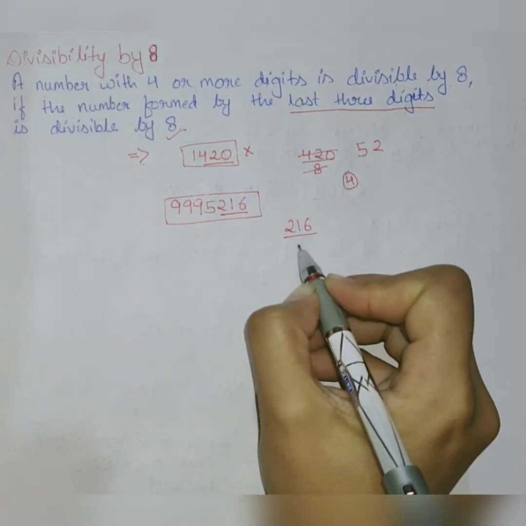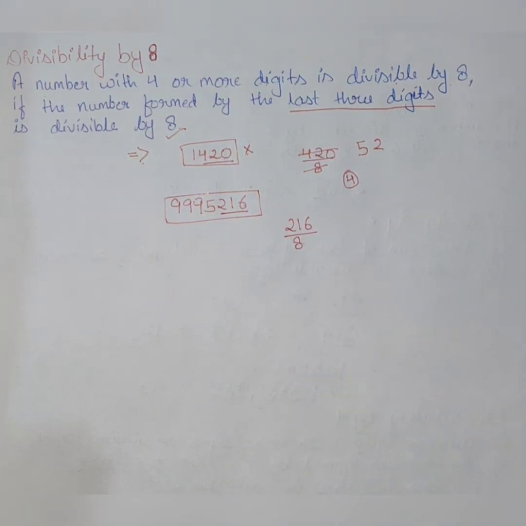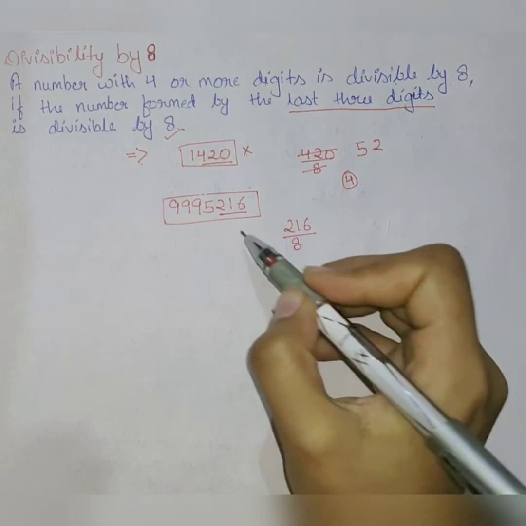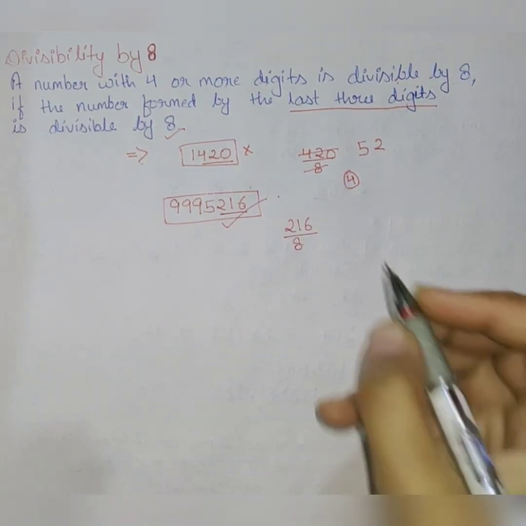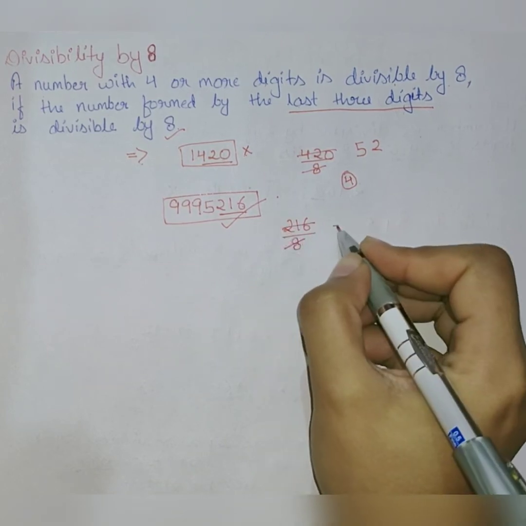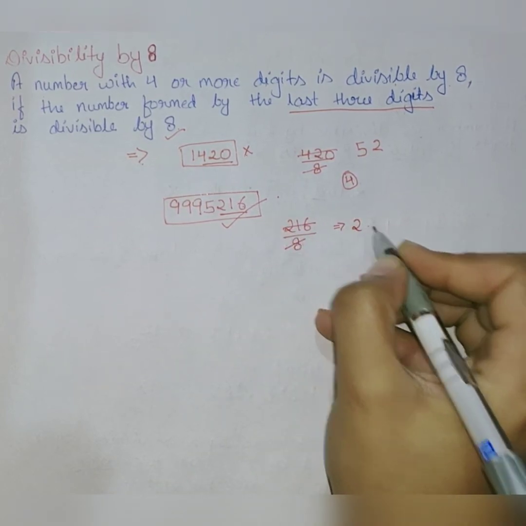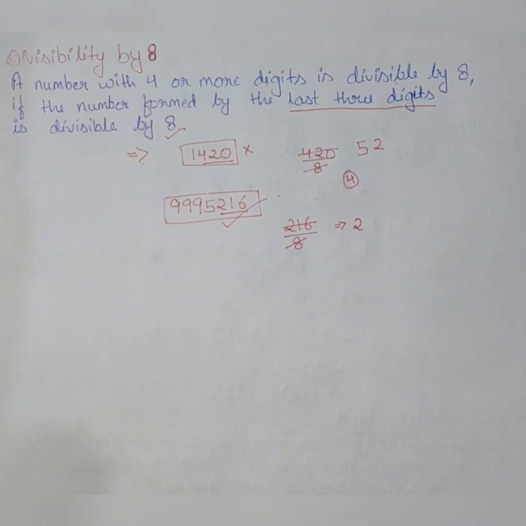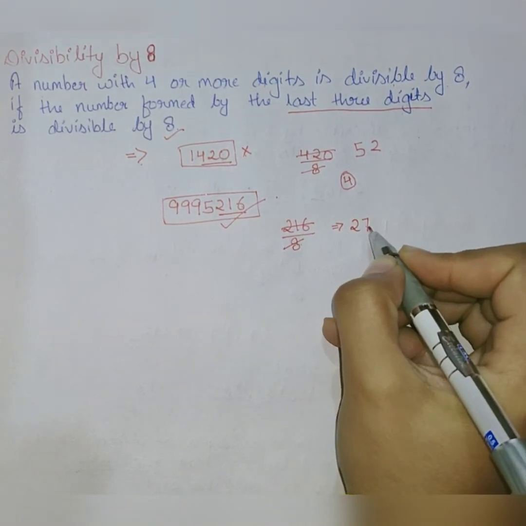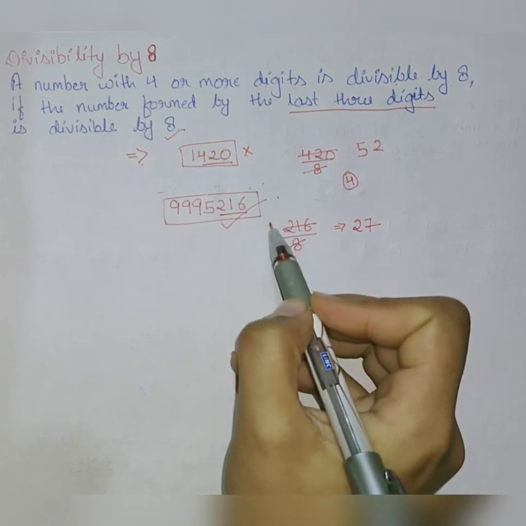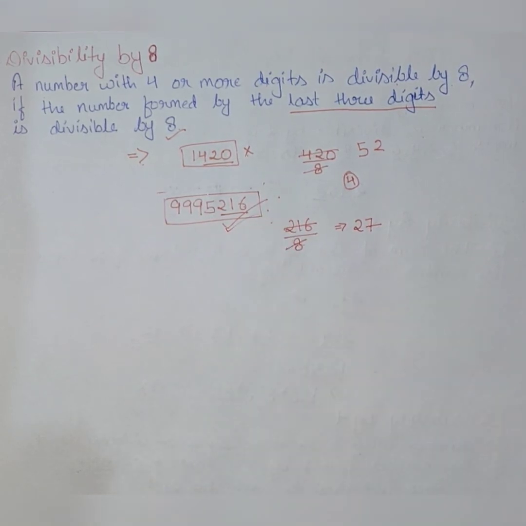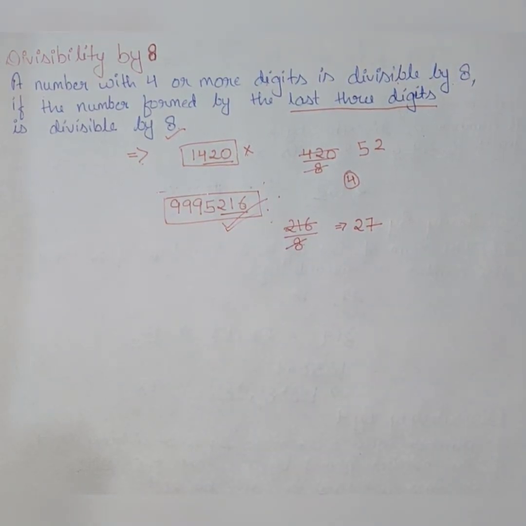So let's check whether this is divisible by 8 or not. 8 twos are 16, 5 left, 56, 8 sevens are 56. So this number will be completely divisible by 8, as the last three digits are divisible by 8.